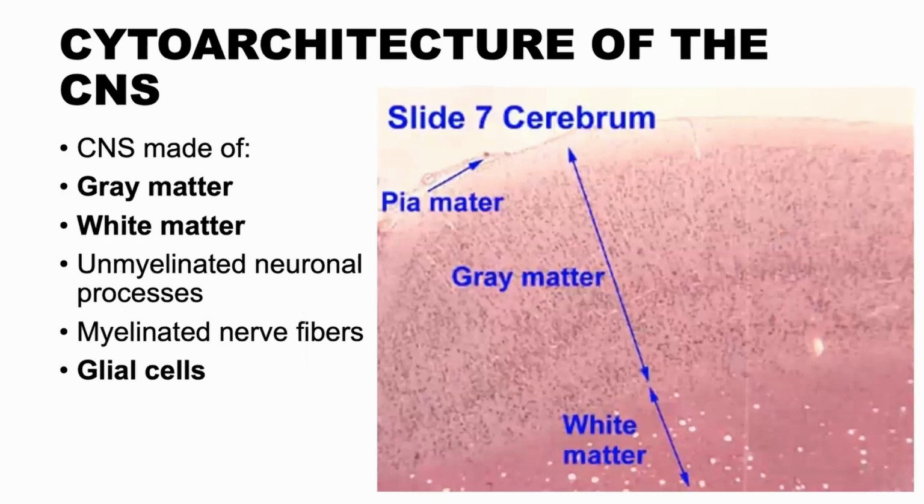In terms of the central nervous system or the brain itself, the brain has different areas: gray matter and white matter. The arrangement of the gray and white matter varies depending on whether you're in the brain or the spinal cord. Gray matter is gray because it's just the cell bodies.